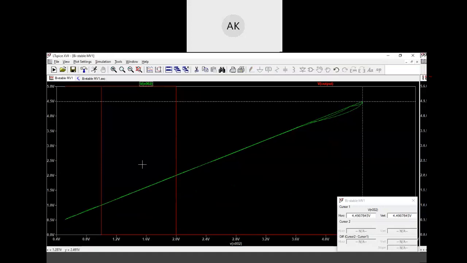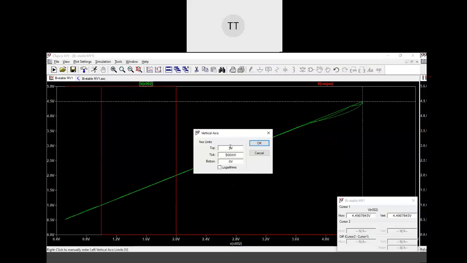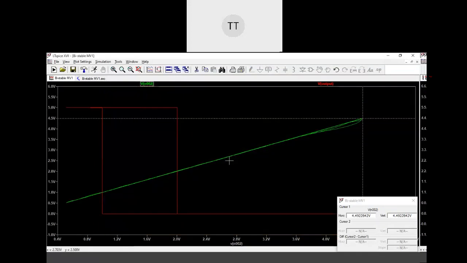Of course, you can change the scale so that you can see this properly, 6 and minus 1. Is this fine now? You can see this is 2 and 1.